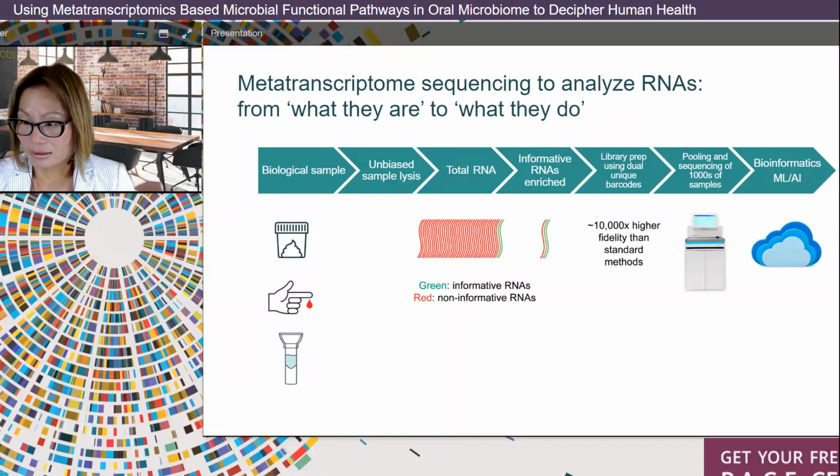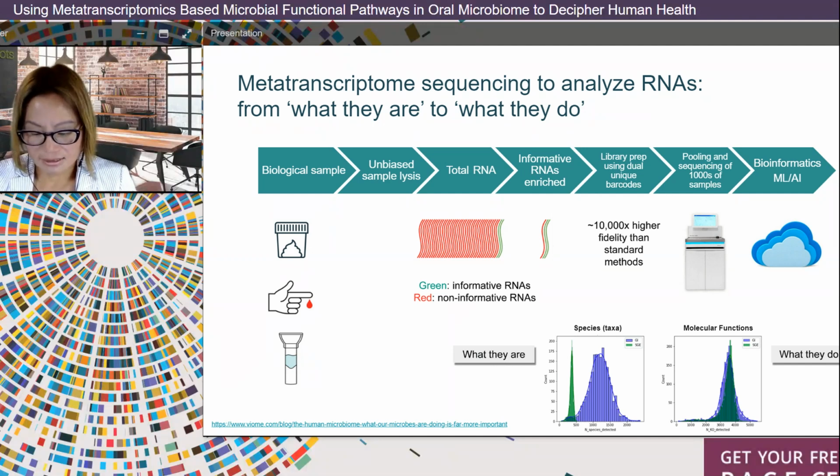After that, we could pool thousands of samples together to go through high throughput sequencing on the sequencer. Then the sequenced reads will be pushed to the cloud to go through the bioinformatics pipeline to do the taxonomy and also functional annotation and identification, and then various downstream AI machine learning models or other analyses.